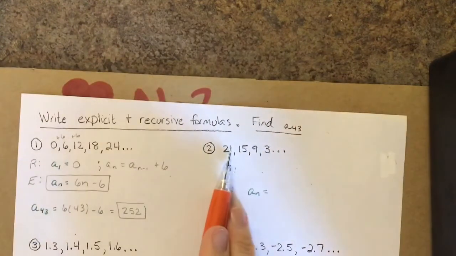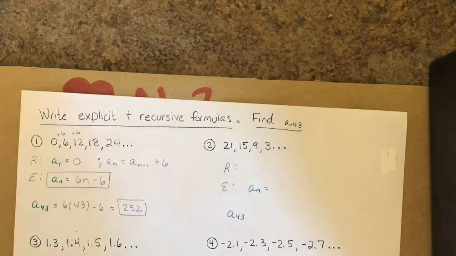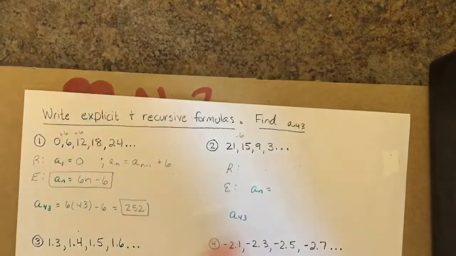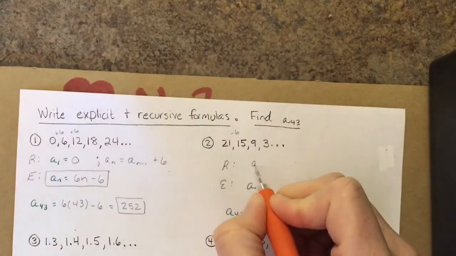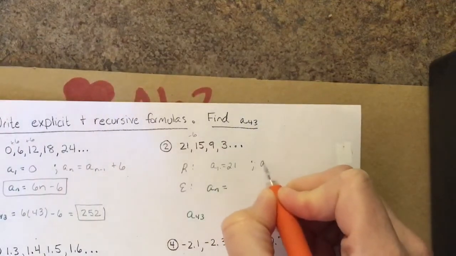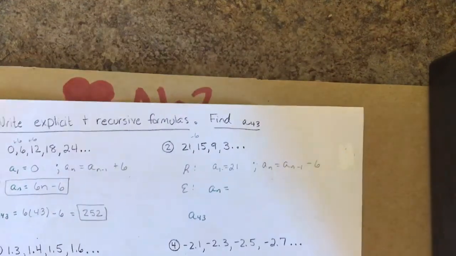How about the next one? What's happening? This is an arithmetic sequence because each time it's going down by the same amount. What's that amount? Looks like negative 6. So the recursive formula lists the first term, 21. Then a sub n equals previous term minus 6.